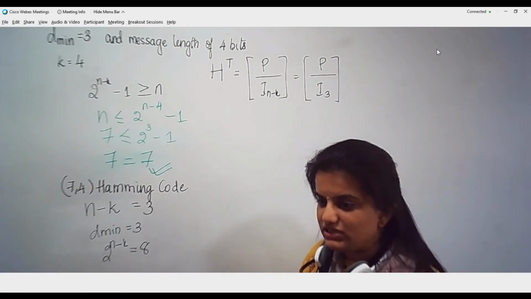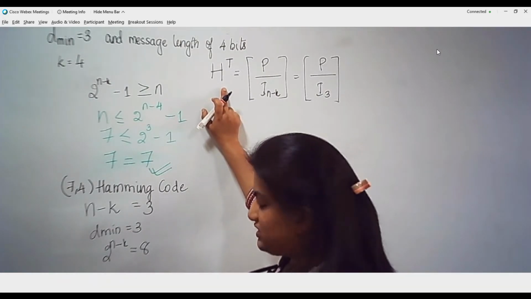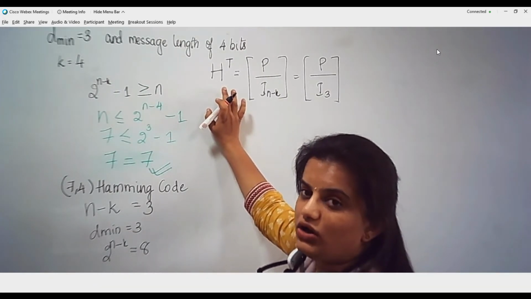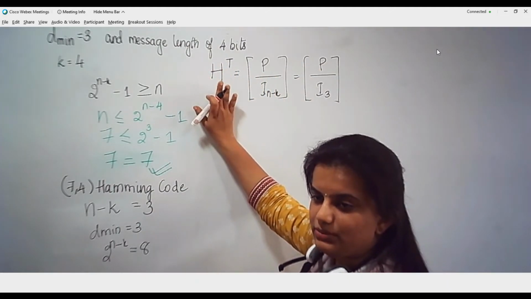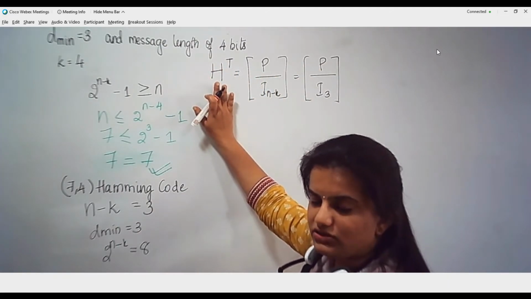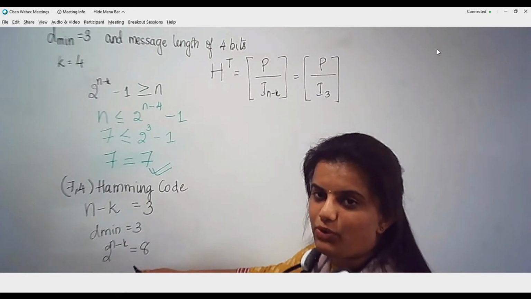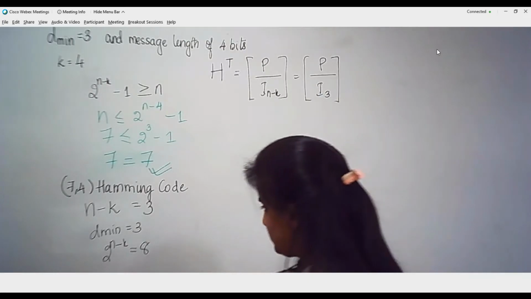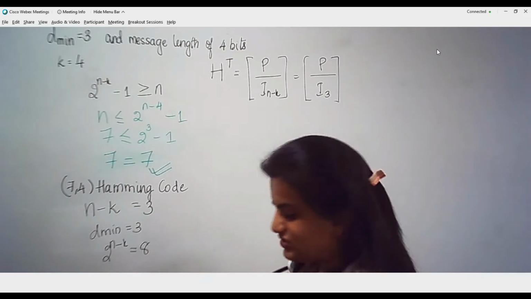Observe here, why I am starting with the parity check matrix is because I know that all of the rows that constitute a parity check matrix or transpose parity check matrix are obtained from these 8 possible combinations of the syndrome vector. So please keep that in mind, out of which the all-zero combination is left out.